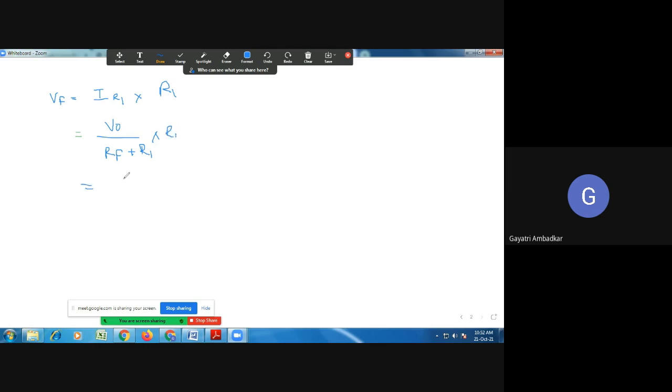So I can write this as R1 upon R1 plus Rf into Vo. Sorry, this is my Vf, the feedback voltage.